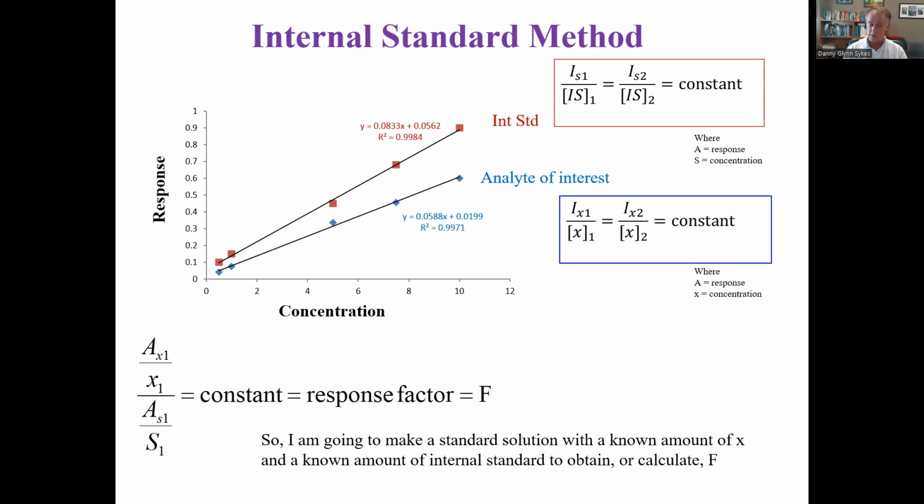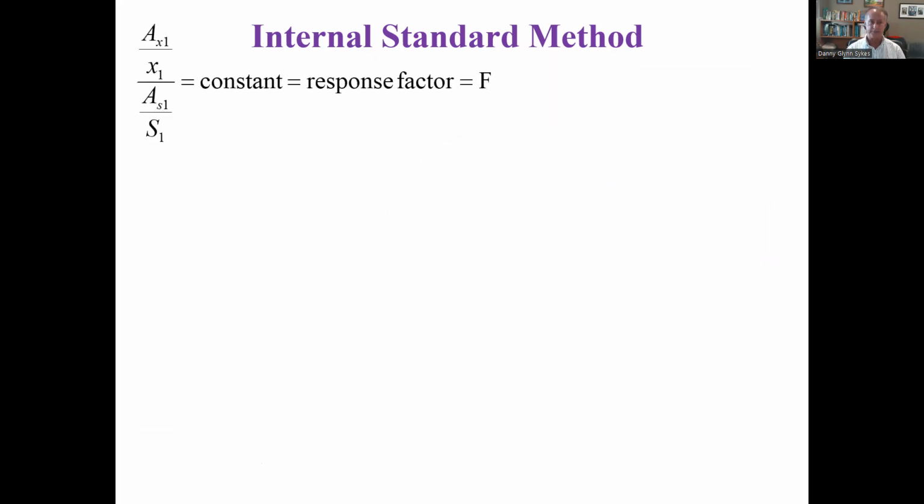So I know AX1, I know AS1, I know S. So what I have to do is make a standard solution that contains both the internal standard and my analyte to get F. And as long as I'm operating in the linear range of response, for any unknown solution, right, F is constant. So if I make a standard solution of both, I'm going to get F. So that way, anytime I put an unknown into there, the only thing I have to solve for is X. So we'll see that in just a second.